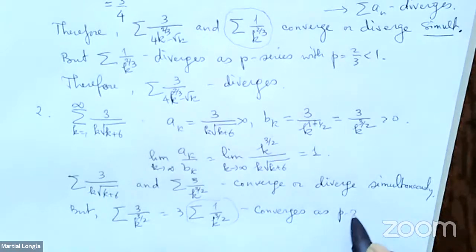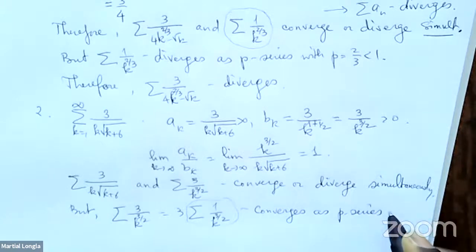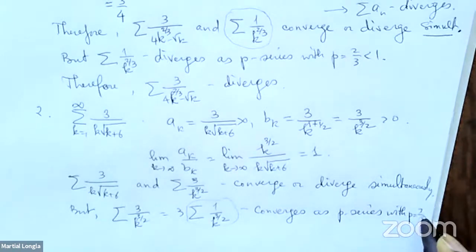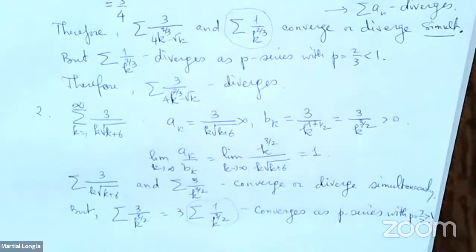It's a p-series with p equals 3/2, larger than 1. Thus, the original sum of 3 over k square root of k plus 6 converges.